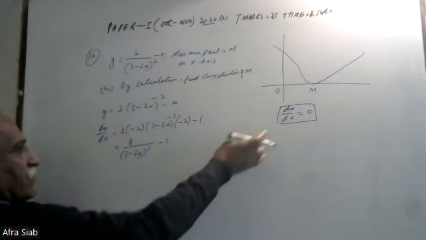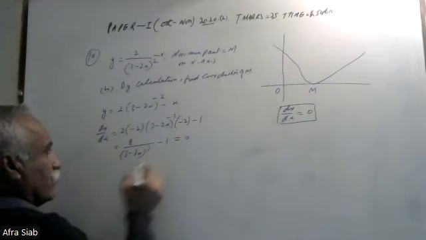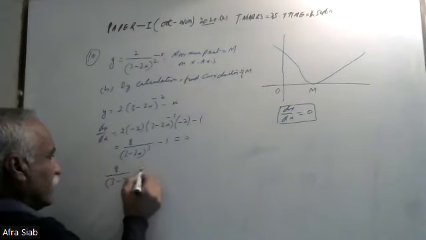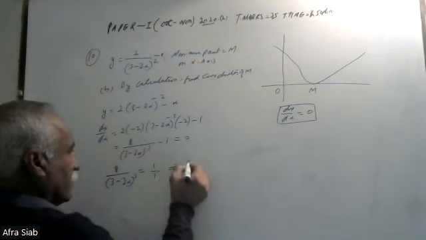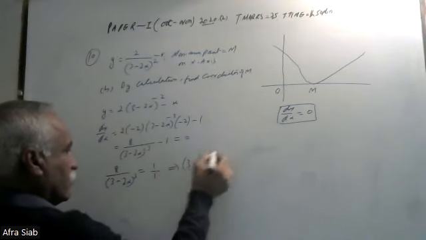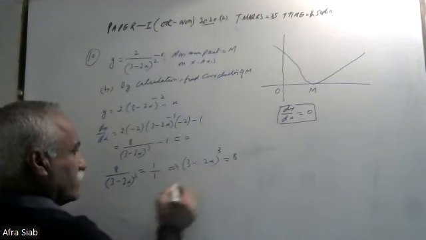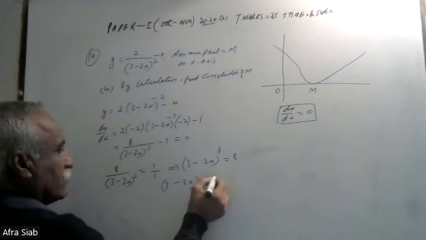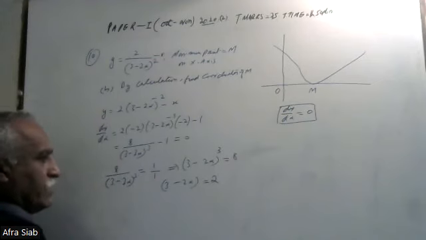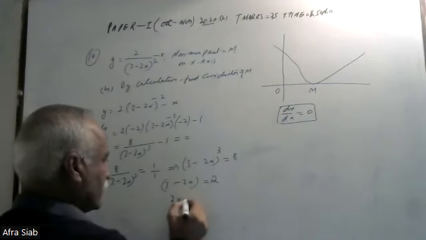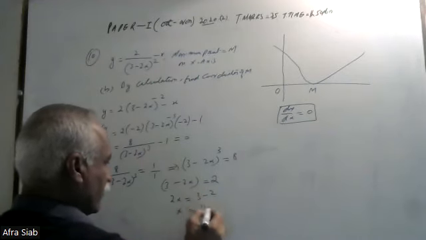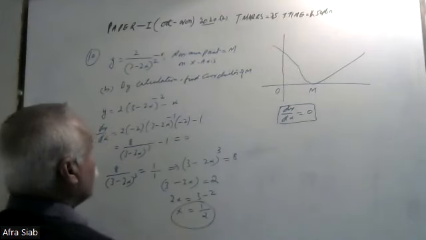But dy/dx for N should be equal to 0. So 8 over (3 − 2x) cubed is equal to 1. If we cross multiply, (3 − 2x) cubed is equal to 8. Taking the cube root on both sides, 3 − 2x is equal to 2. Then 2x is equal to 3 − 2, so x is equal to 1/2.